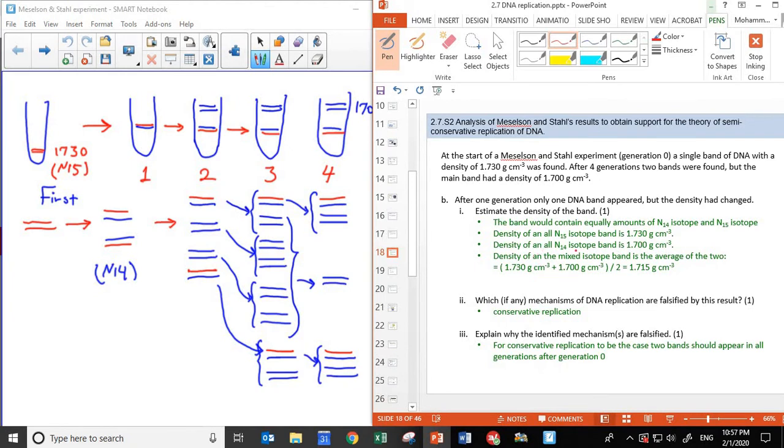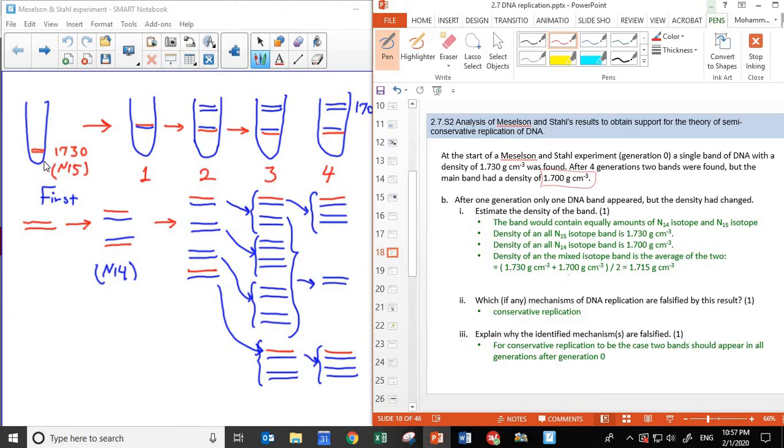Okay, estimate the density of the band. It's clear that the first band, which was mentioned already as generation 0, had a density of 1.730. And then we had a middle band, and from the second generation until the 4th generation, we had a top band, which has already been mentioned inside the question, that has 1.700.